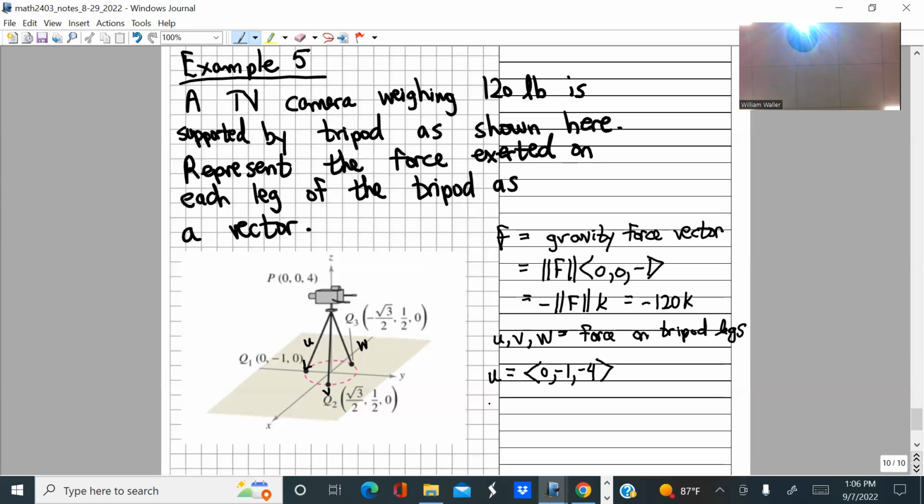What about the vector V? This one's going to be messier. So V is going from this point to this point. What do its coordinates look like? Not so bad. Square root of 3 over 2 minus 0, so square root of 3 over 2. Then the second one is 1/2 minus 0, so still 1/2. And the third one is 0 minus 4, so that's minus 4. Okay, and then what about this vector that I'm calling W?